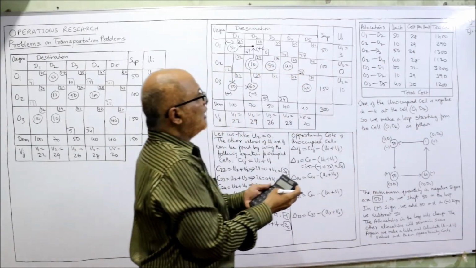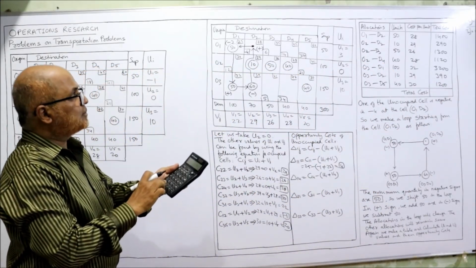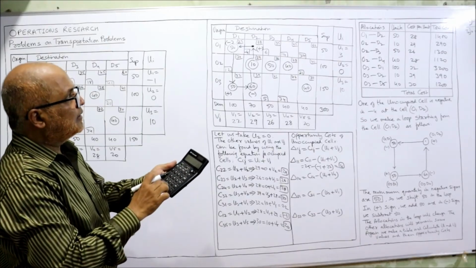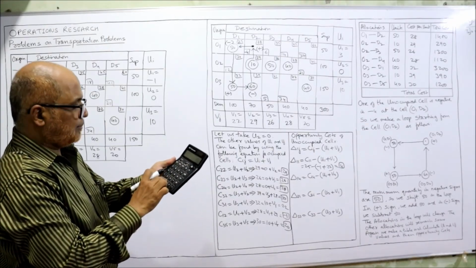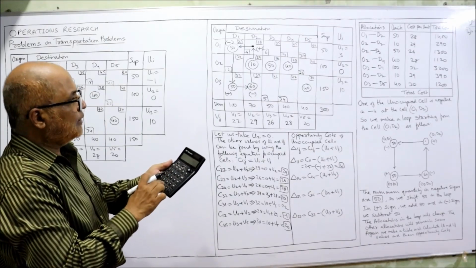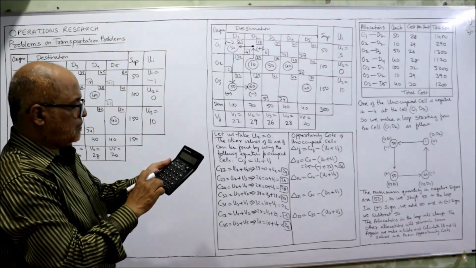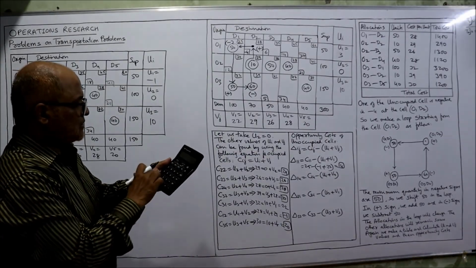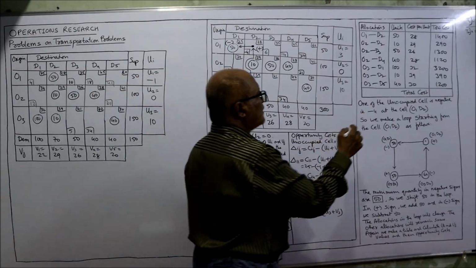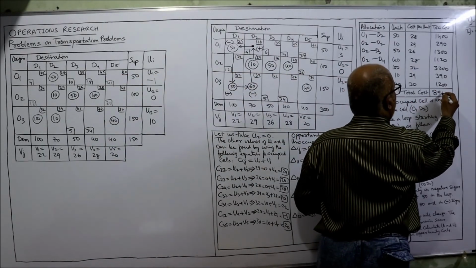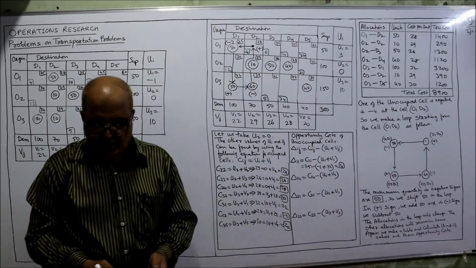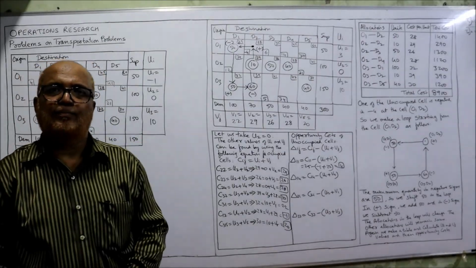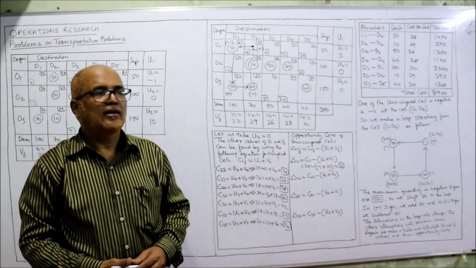That's all. Now add up: 1400 plus 290 plus 1300 plus 1120 plus 3200 plus 390 plus 1200. It comes to 8900. The total minimum transportation cost is 8900.